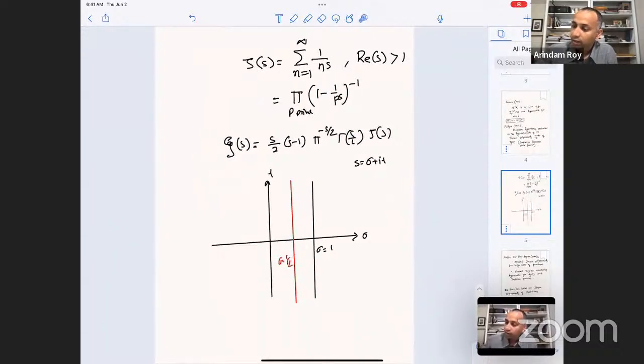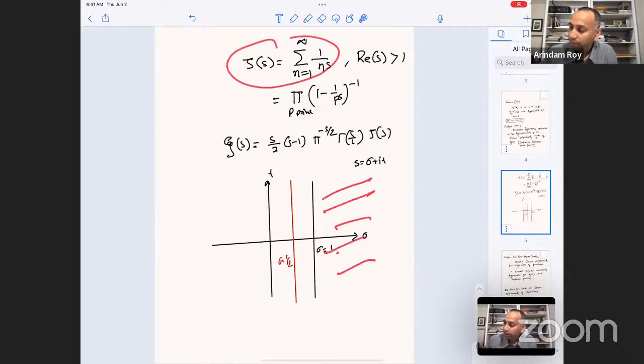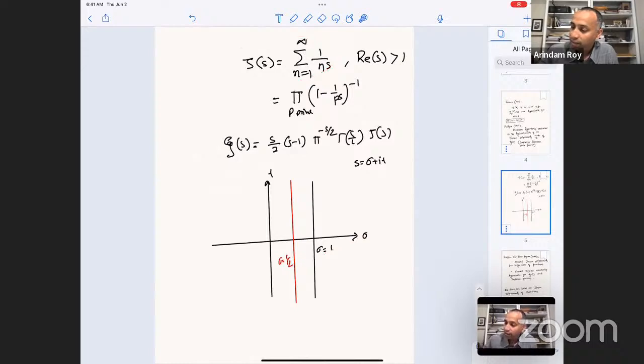Then this tells us that the Riemann zeta function is defined in this half plane, and the reason for multiplying by these factors is that this allows one to continue the Riemann zeta function analytically beyond this line, so going here.